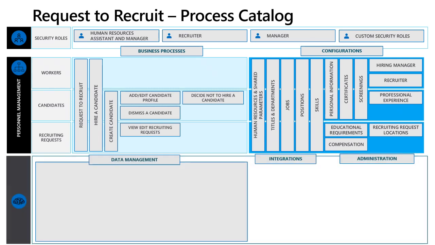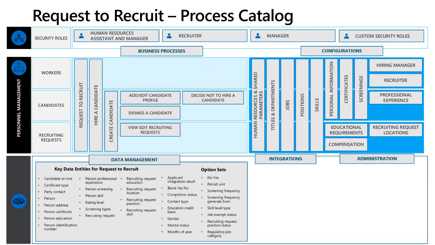Now, switching gears to the technical aspects of the catalog, let's take a look at data management, integrations, and administration. We've compiled a list of all of the key entities and option sets. Full details about each of the data entities and option sets can be found in the docs site in the developer documentation.